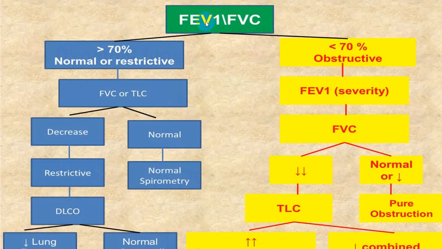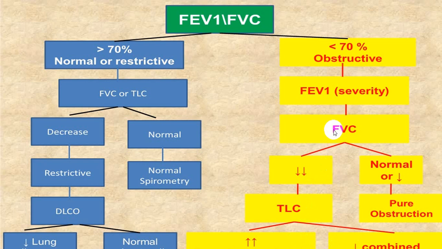So when you look at the FEV1 to FVC ratio, if it is less than 70, straightforward obstructive. And if FEV1 is markedly reduced, depending upon that FEV1, you go for the severity. FVC is utilized to find out combined or pseudo restriction.